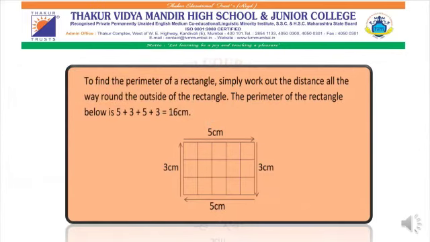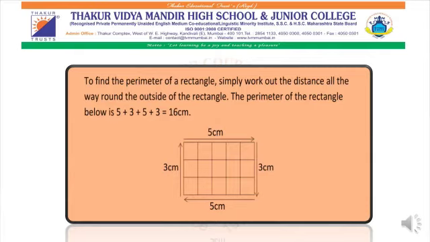Let's take one more figure to find out the perimeter. To find out the perimeter of a rectangle, simply work out the distance all the way around the outside of the rectangle. You can see the arrows outside the rectangle figure. The perimeter of the rectangle below is 5 plus 3 plus 5 plus 3 is equal to 16 centimeter.